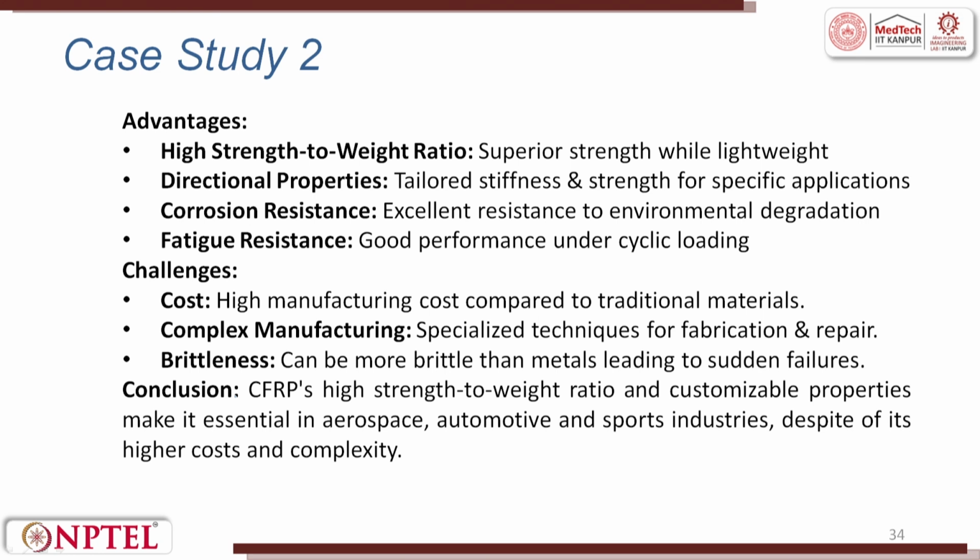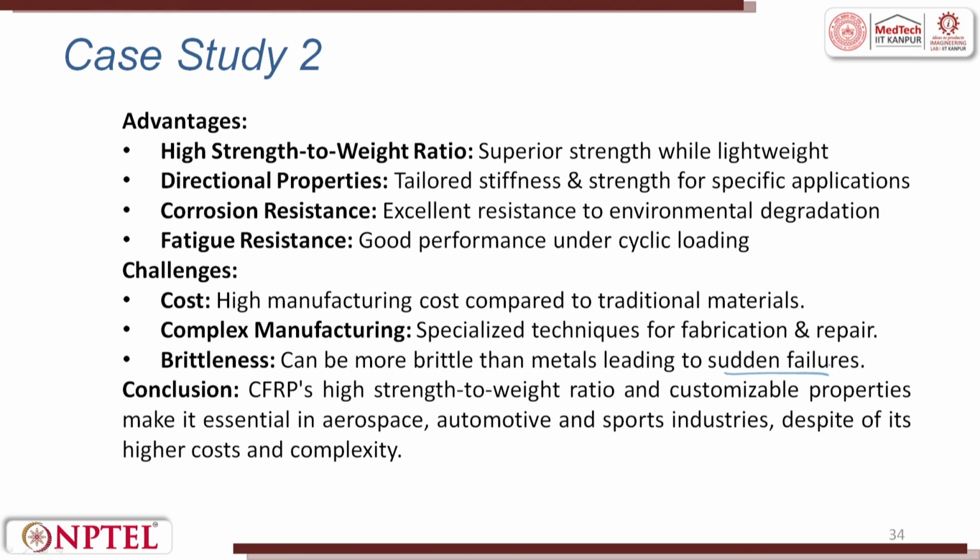What are the challenges? The anisotropic materials are costly, with high manufacturing cost as compared to that of traditional materials. Next is complex manufacturing, specialized technique for fabrication and repair. Brittleness: it can be more brittle than metal, leading to sudden failure. We are talking about this only in the case of glass fiber reinforced.